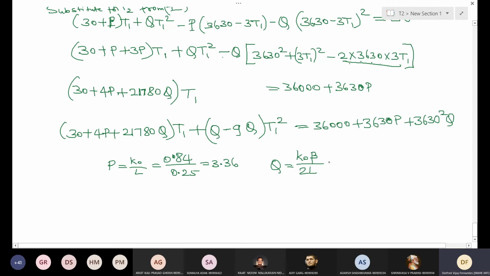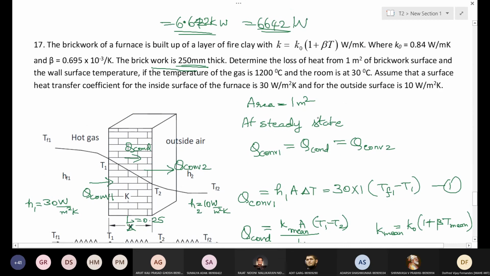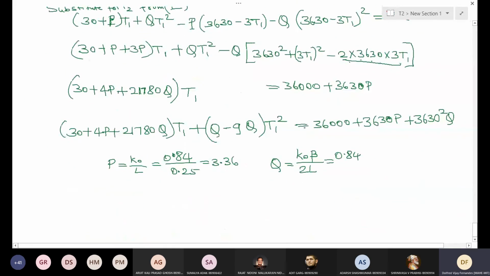K naught is 0.84. Beta is how much? Very small value, 0.695 into 10 to the power minus 3, divided by 2 into 0.25.